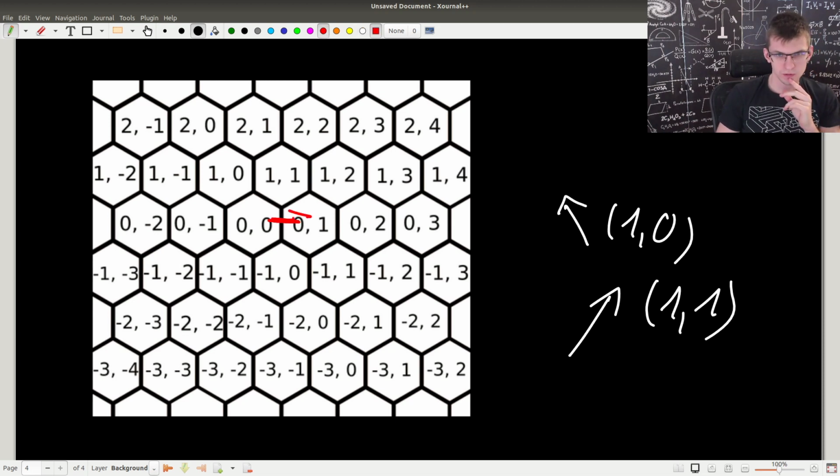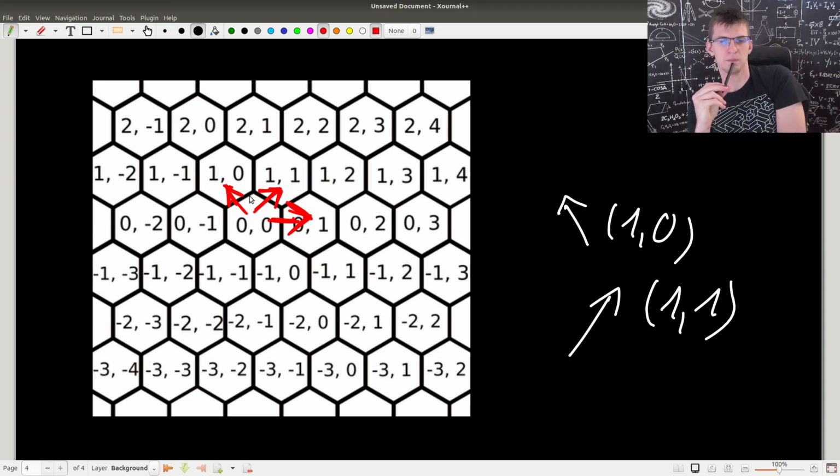So to the right it's +1 for the second coordinate. This is +1 for first coordinate. And this is +1, +1. And I can mix them. So it's trivial to mix those two.